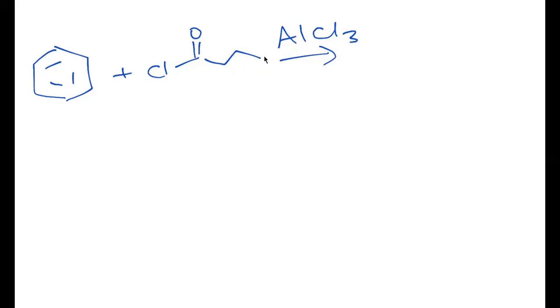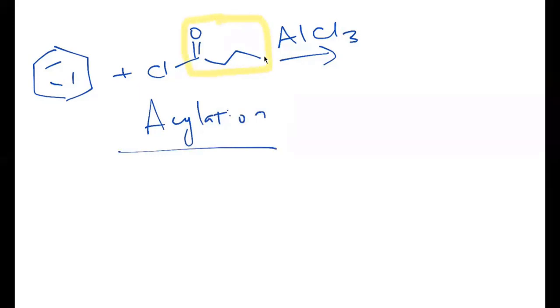It's an acylation. What that means is that I'm adding in this carbonyl group, not the chlorine, right? Just the carbonyl group. So what's the product? You know it's going to have a benzene ring, right? Is the product going to have this carbonyl attached at that carbon somewhere on the ring?